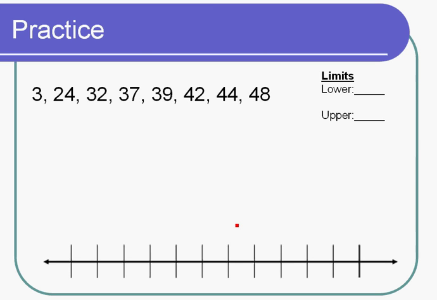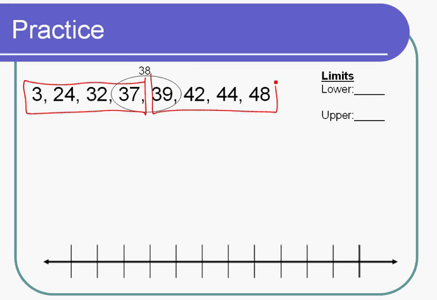The first step is to find the median. In this case, there are actually two numbers in the middle, so I'm going to have to find the average of those two numbers, and that average would be 38. When this happens, I'm actually going to include these numbers when I go to find the upper and lower quartiles.